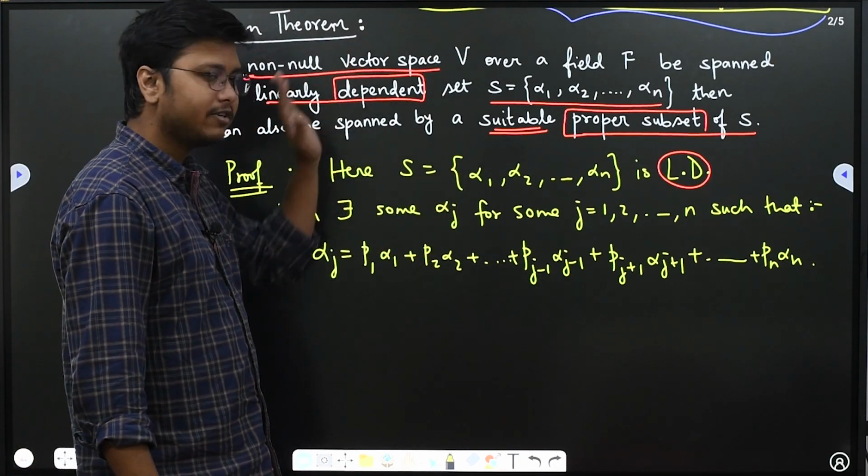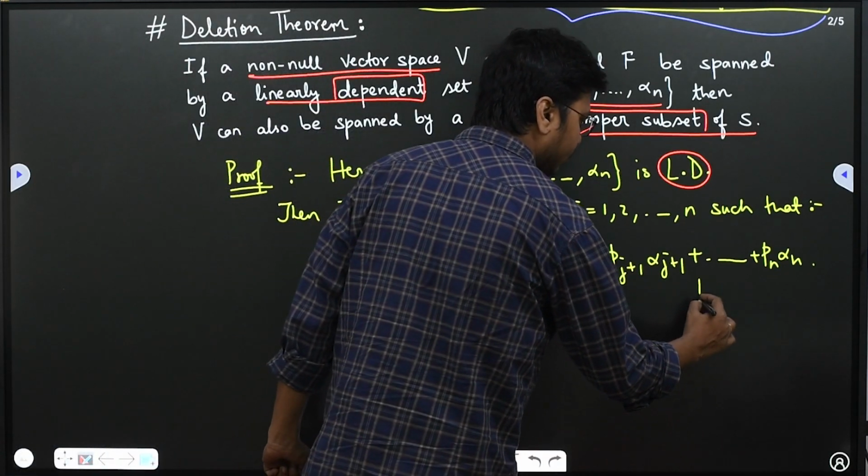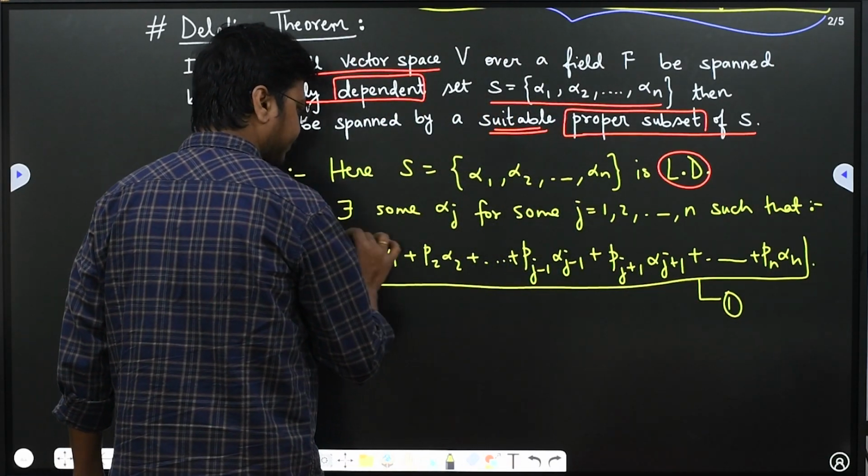So using the previous theorem, I have got something like this, and let me call this equation number 1.